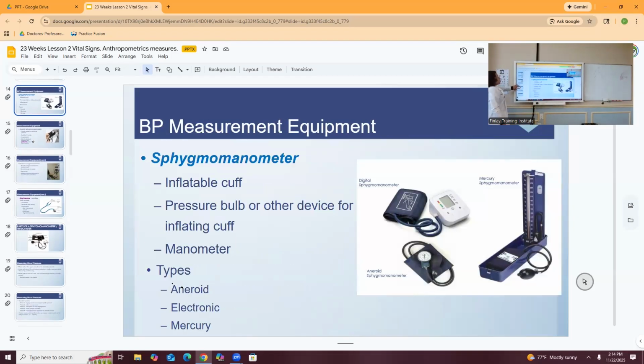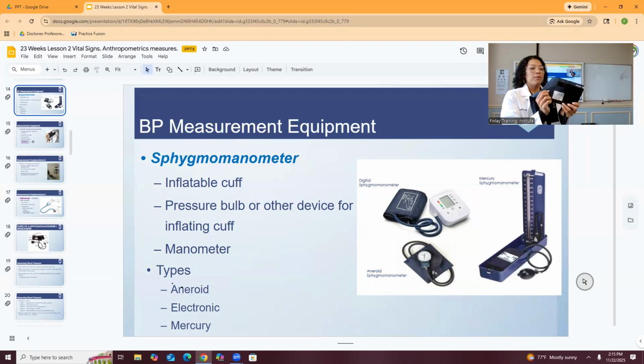To take the blood pressure, we're going to use instruments. The main one is the sphygmomanometer. This is the equipment that is going to be around the arm of the patient, okay? This is the sphygmomanometer. If you see, it has a strap that is going to be around the patient.